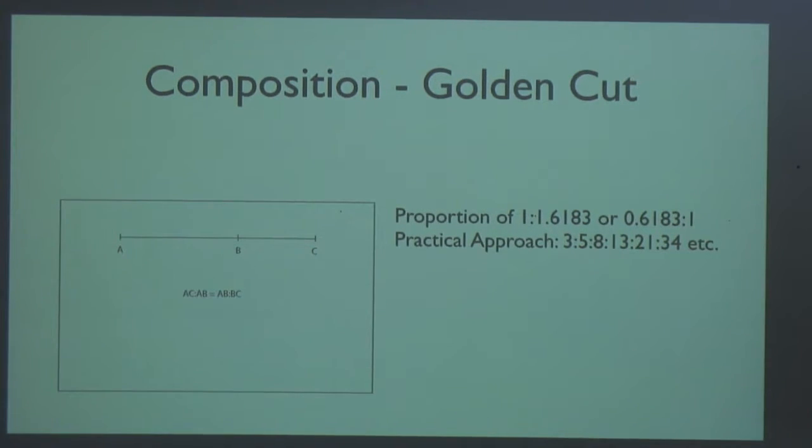I take it as a no. Would you please elaborate? Each number is just the sum of the two previous numbers. So 3 and 5 is 8, and then 5 and 8 is 13, 8 and 13 is 21, and so forth. All right. So a ratio of 3 to 5, a ratio of 5 to 8, a ratio of 8 to 13. That's all the golden cut. It's an easy way to remember.